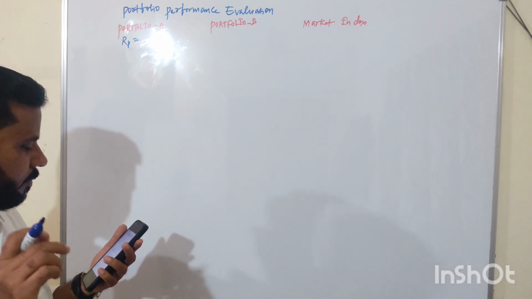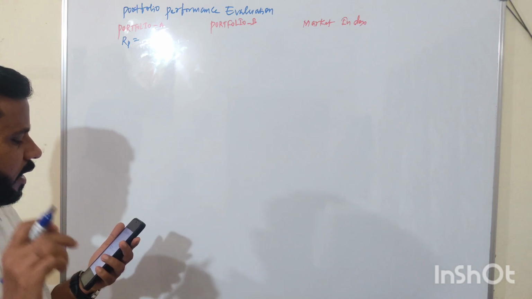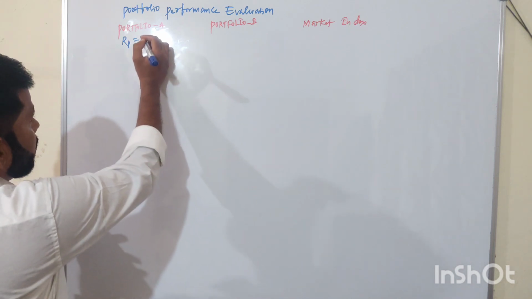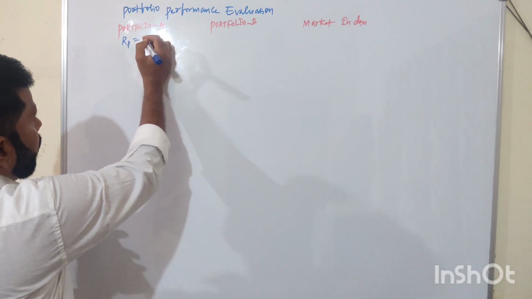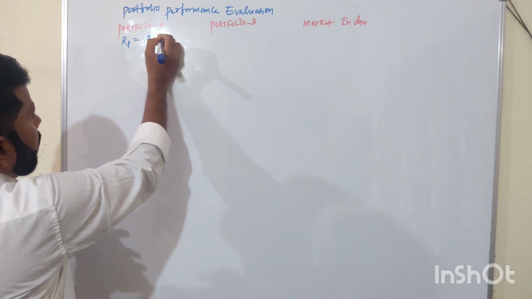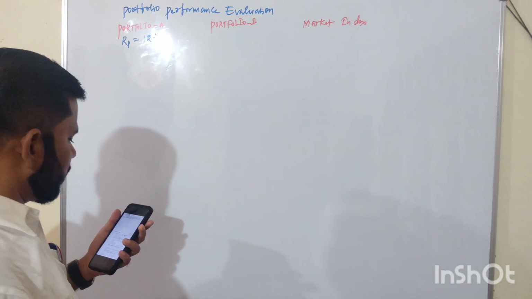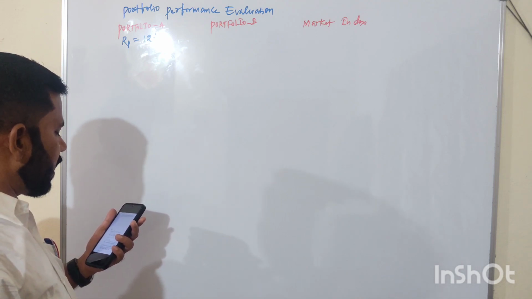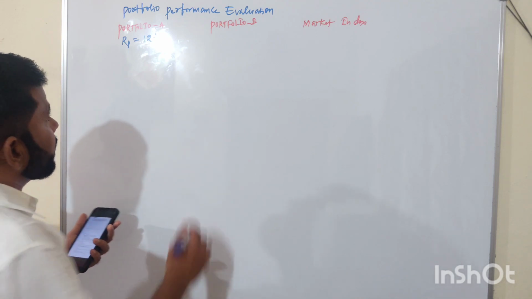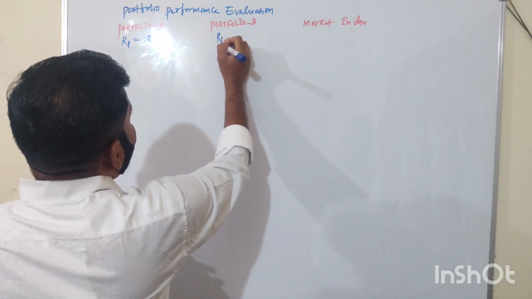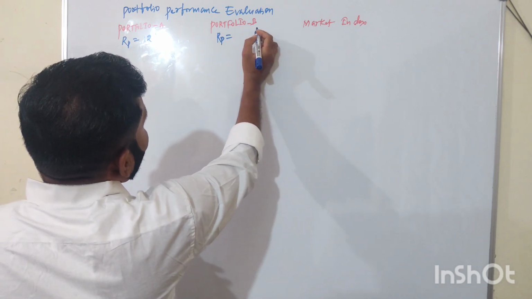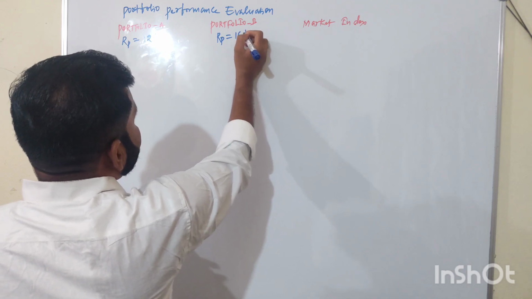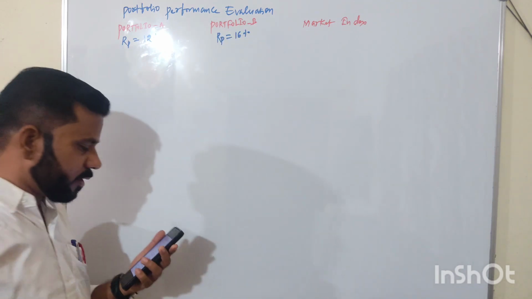A has a sample mean of success 12%, which means we should understand it as RP, portfolio return 12%. Then B has a sample mean of success 16%. So portfolio B's portfolio return is 16%. It is given information in the problem.